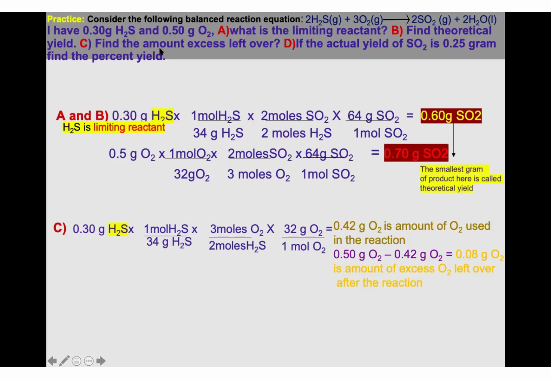So then I subtract it from the initial given O2 in the question. And it would be this much, 0.08 gram of O2 left over after the reaction. This much will be left over in the beaker at the end of the reaction. You might, guys, find other ways to do these calculations.